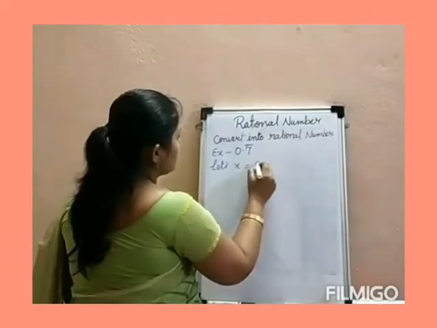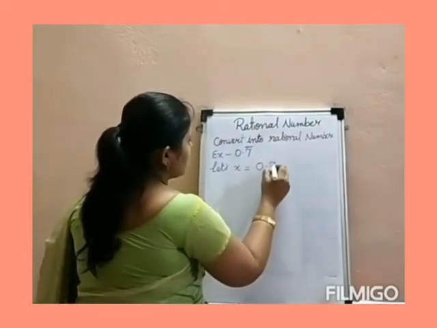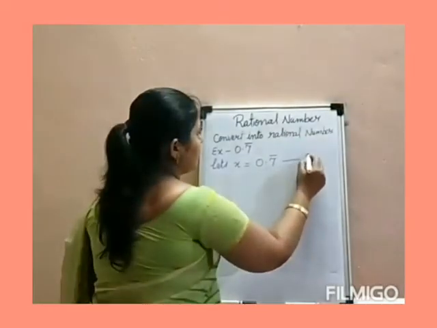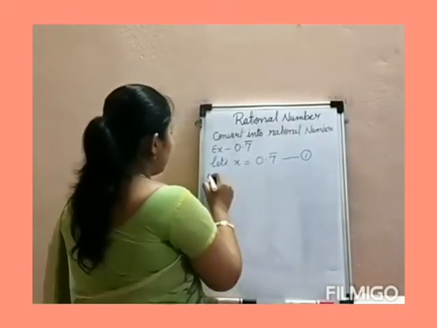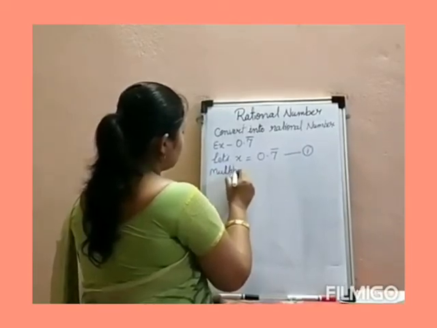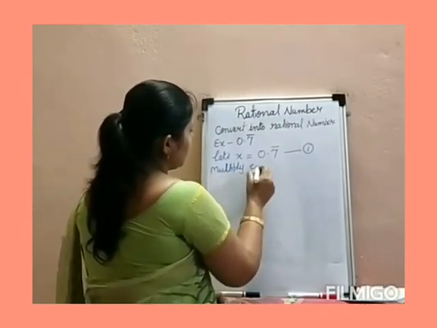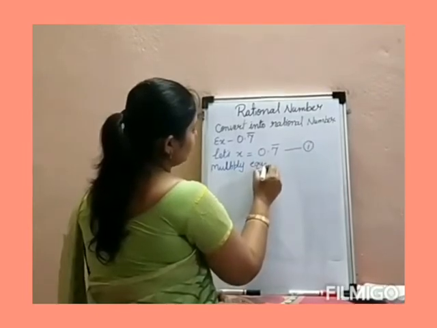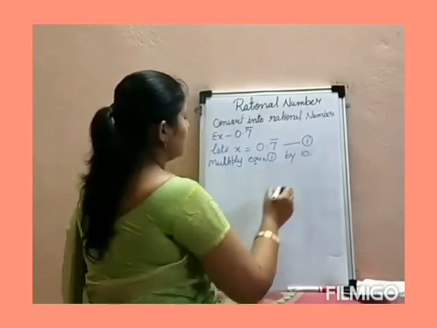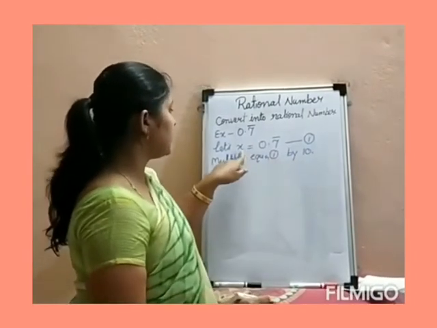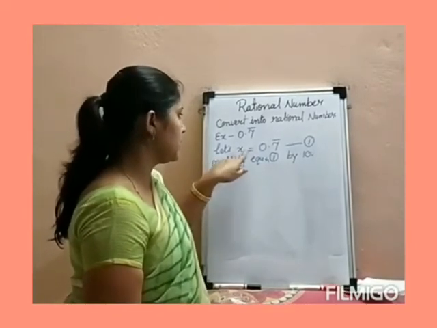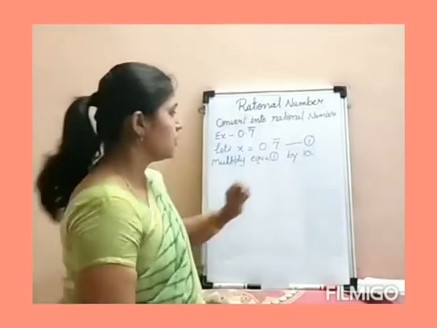So let x be equal to this non-terminating number, that is equation 1. Multiply equation 1 by 10. So when we multiply this equation by 10, we will multiply 10 into x and 0.7 into 10.